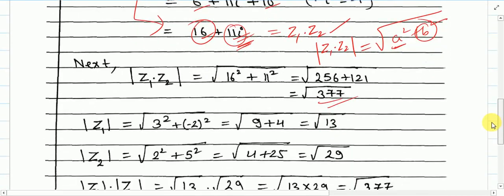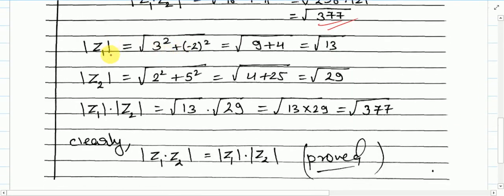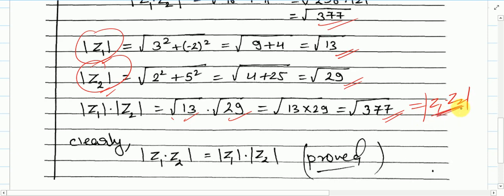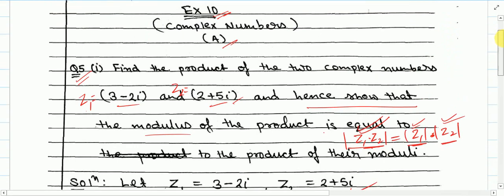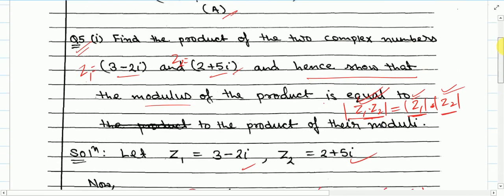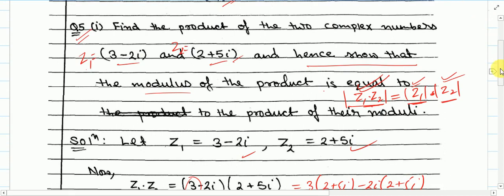So mod Z1 is coming root 13, mod Z2 root 29. Now take the product of these two. So you get square root of 13 into square root of 29, which is coming same as modulus of the product. So it's proved. So let us keep it till here for today. So this is done.